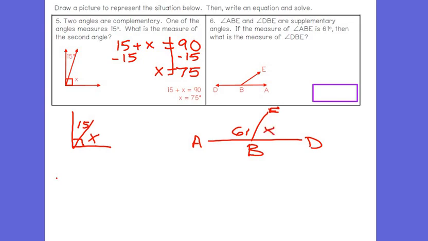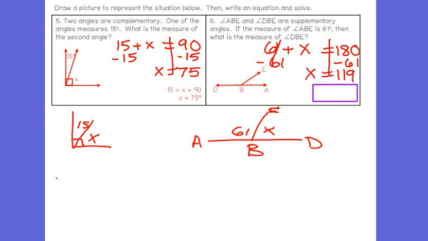I still know that these two are going to add up to how much? 180. So if I wrote my equation, I have 61 plus x should equal 180. If I solve this, I subtract 61 and get 119, and x equals 119.